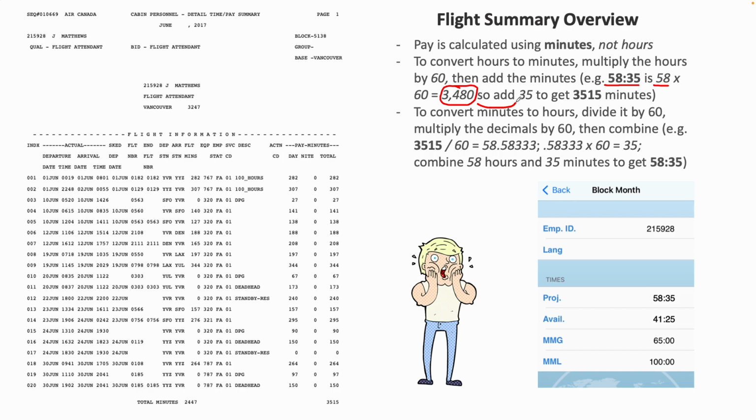After that, we simply add the 35 minutes that we saw with the 58 hours. And then once we do that, we get a grand total of 3,515 minutes to be paid. That does correspond with the total number of minutes that we saw at the very bottom of the total pay minutes column. So that is correct as far as how much we are expecting to be paid.